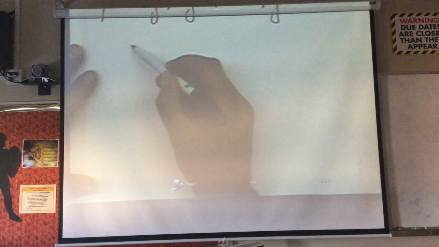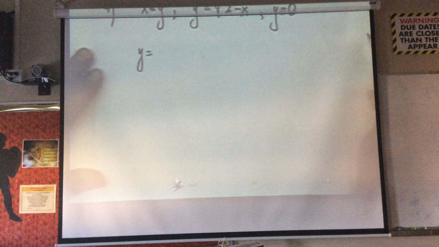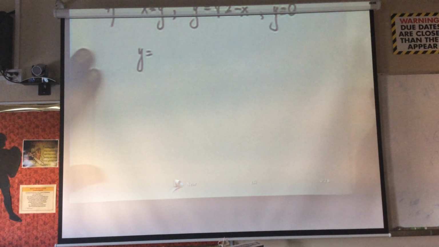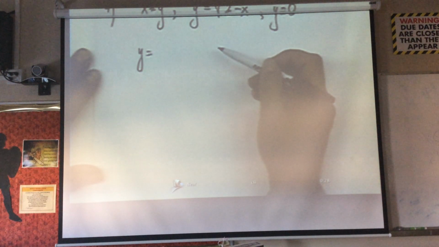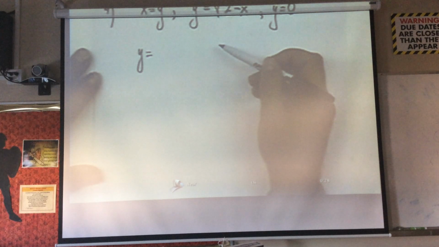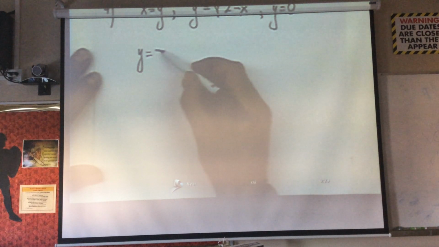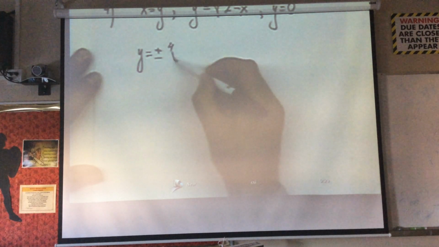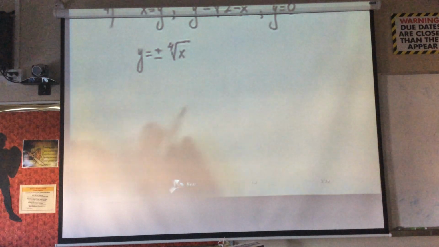So if you want to graph, let's say, all of them, well, you have to change this to y equals, right? So you get what? What do we get? How do I get y out of this? Plus or minus 4th root. Don't forget plus or minus, that's right, 4th root of x. And these are perfectly fine.